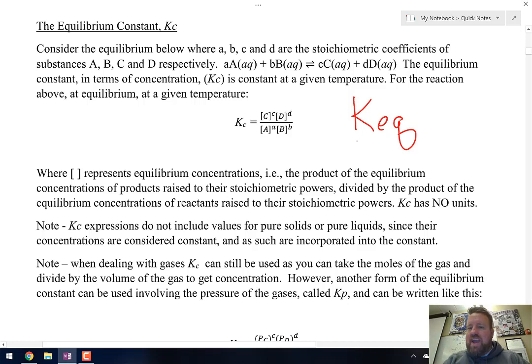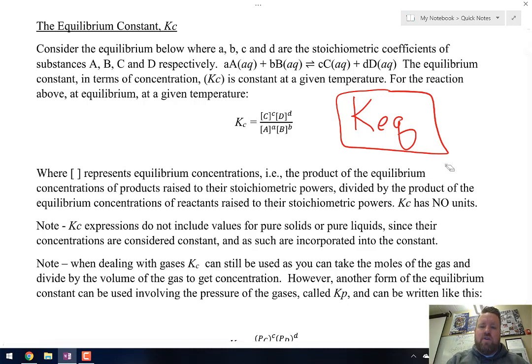Now, it's not like the gas constant, where R is always 0.08206. This is an equilibrium constant that unfortunately changes quite often, so it's not a fixed number. It does tell you some things that we're going to talk about in just a minute. But KEQ is basically the general form of that equilibrium equation.